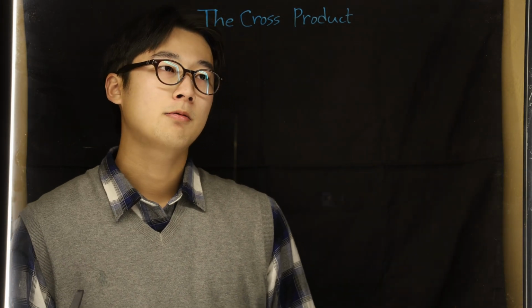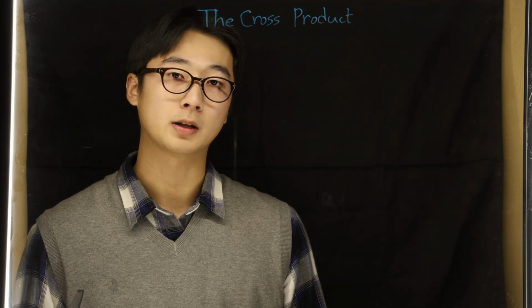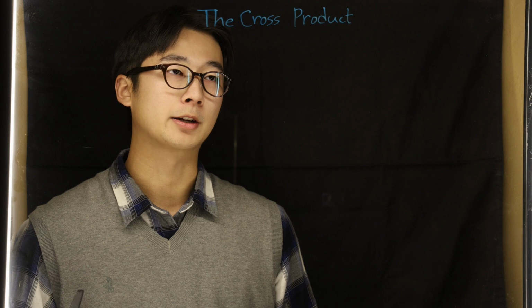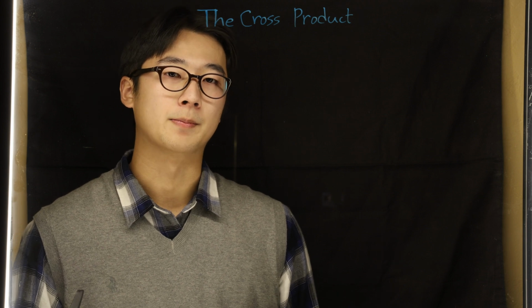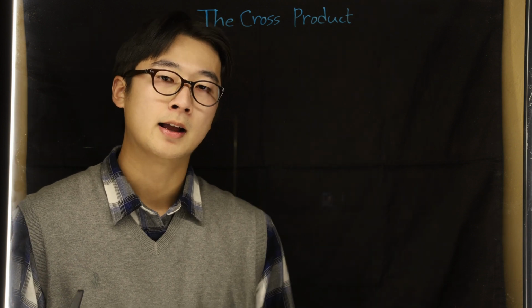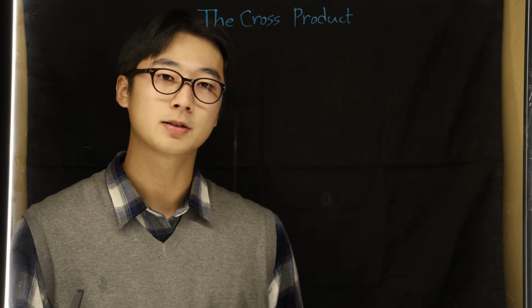Alright, so we have learned the definition of the cross product, the formula, what it actually means, and how to find it using mathematical skills. Now we are almost done. Lastly, I really want to talk about one really interesting property of the cross product.